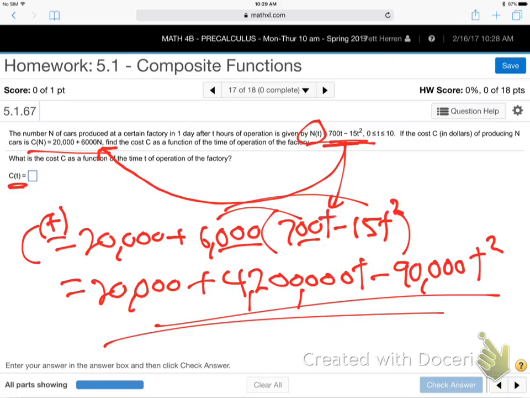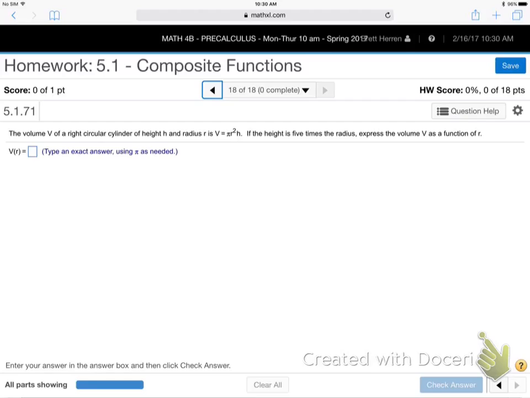So it's just plugging one function into the other. Good? Easy pickings there. So they got volume, it's pi r squared h. And then see how it says height is 5 times radius? h is 5r, isn't it?